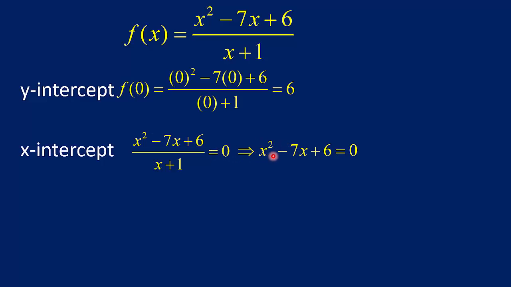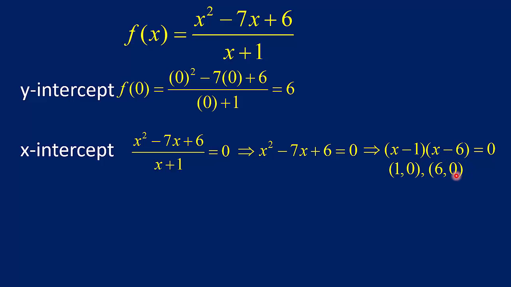So we've got x squared minus 7x plus 6. That's a factorable quadratic equation. It factors this way. So now we get our two x-intercepts to be (1, 0) from here and (6, 0) from here.